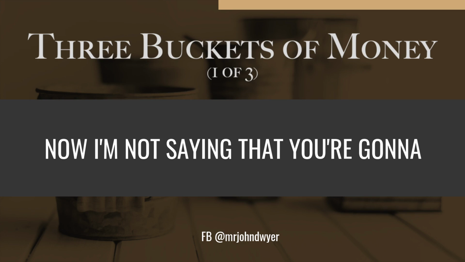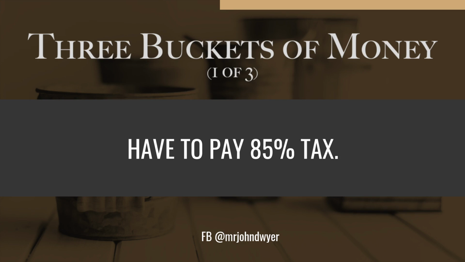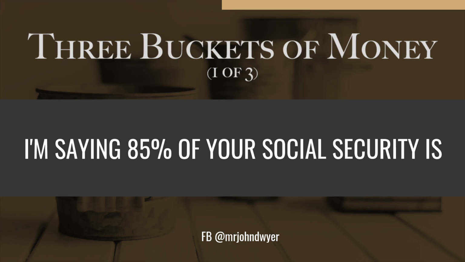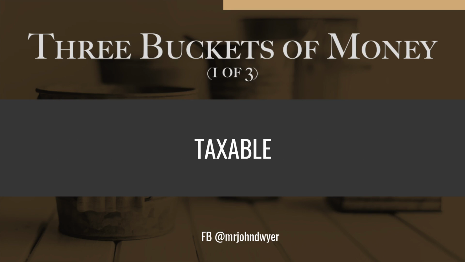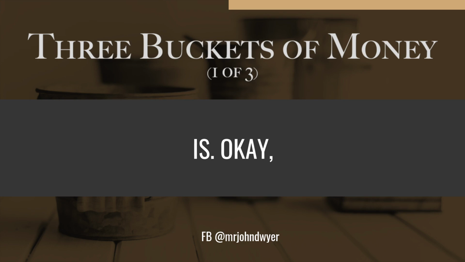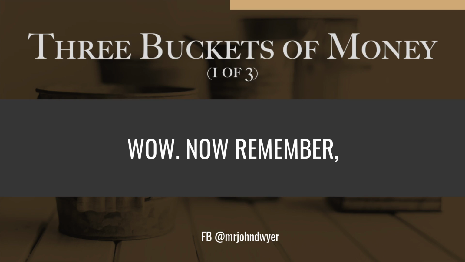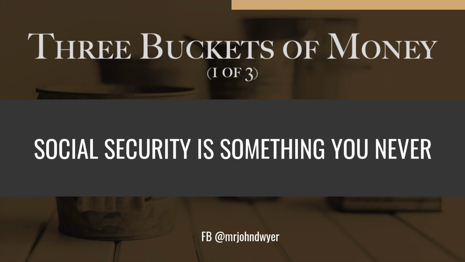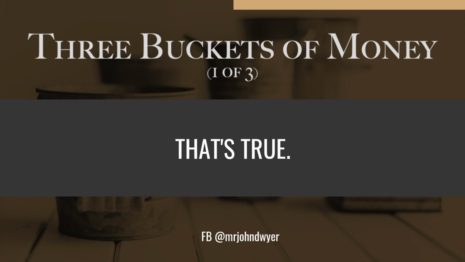Now, I'm not saying that you're going to have to pay 85% tax. I'm saying 85% of your Social Security is taxable at whatever your highest income tax rate is. Now, remember, Social Security is something you never took a tax deduction for.